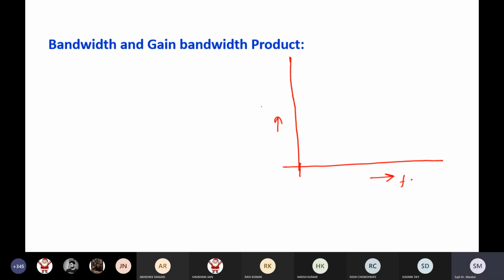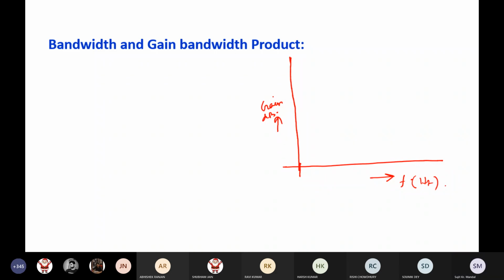Anyway, say if we consider the gain along the y-axis in dB, and along the x-axis frequency in hertz.